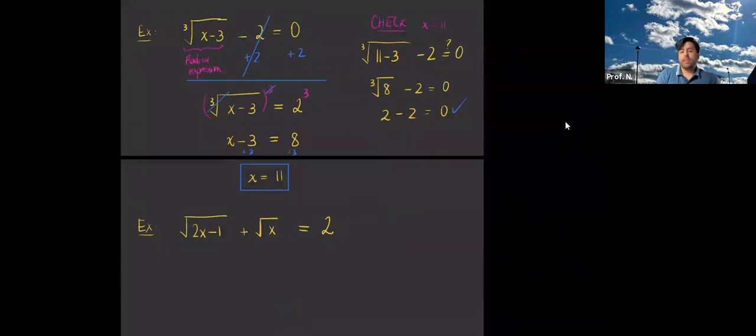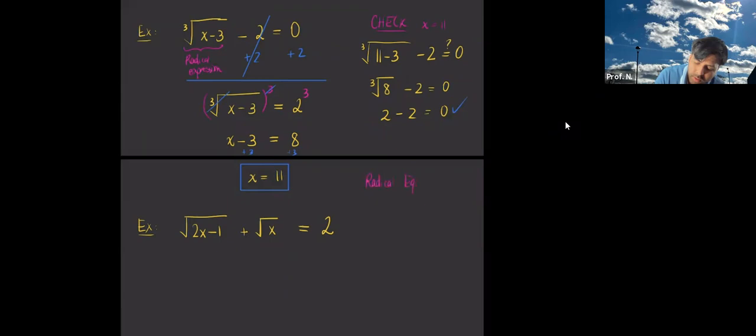Now, this is a bit more involved because we have two radicals.